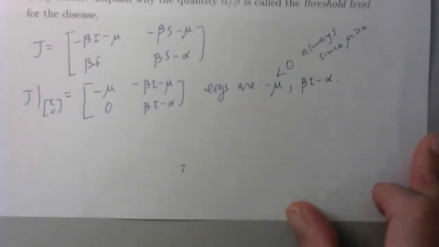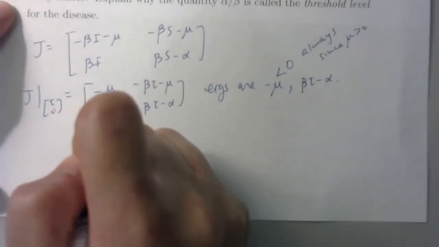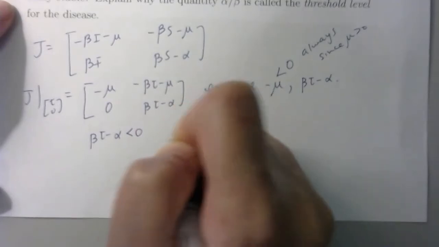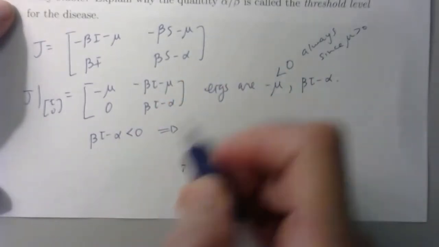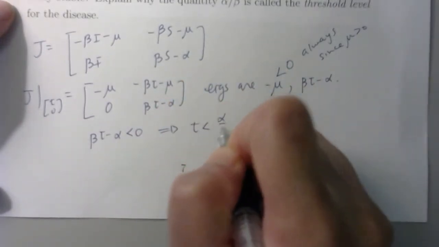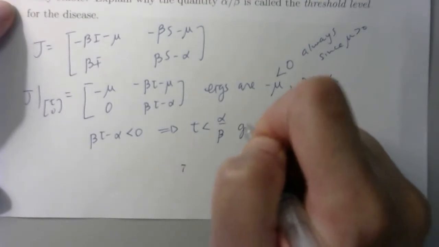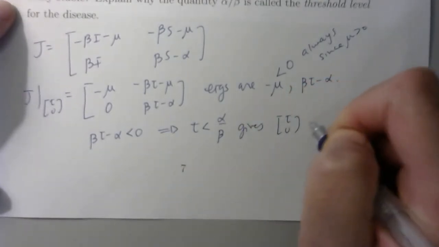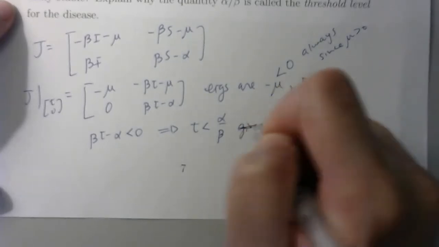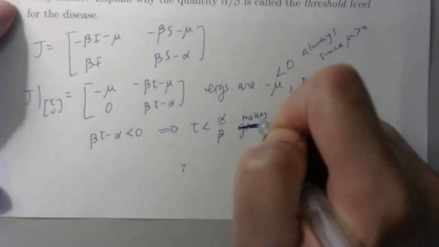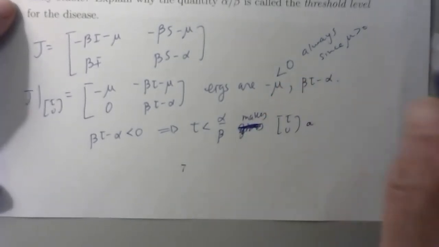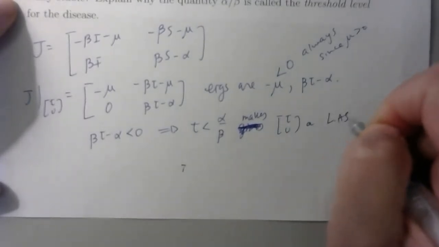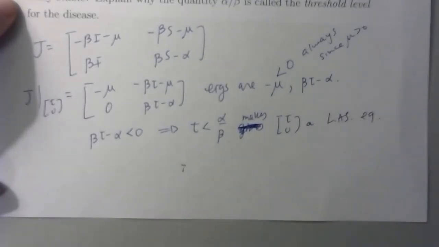So what I'm going to notice is that beta tau minus alpha is going to be less than 0 when tau is less than alpha over beta. That makes this guy a what? If this guy's negative and this guy's negative, a locally asymptotically stable equilibrium.